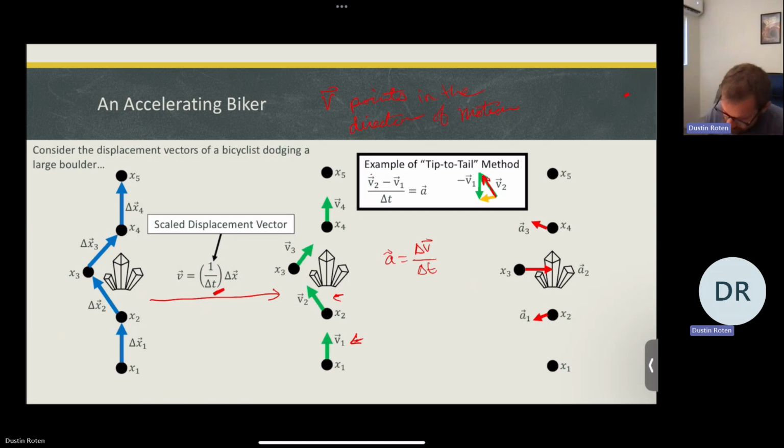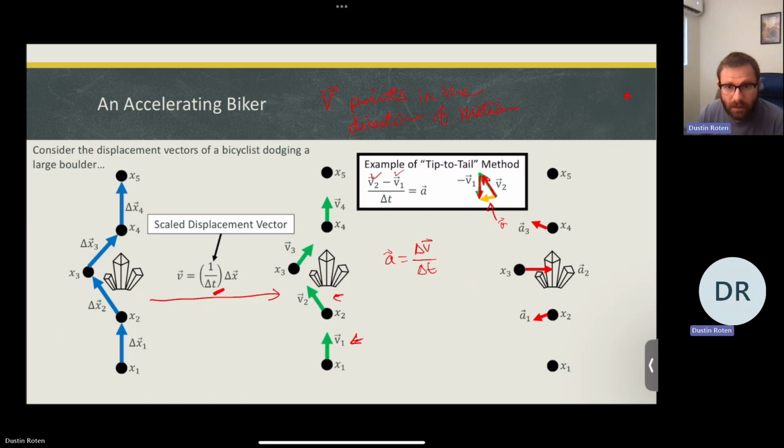Okay, I've got that, check. And then I need to subtract V1. Now remember, I flip it by 180 degrees. So instead of pointing up, it's pointing down. So I've included V1, or negative V1, I should say. Now I just have to draw in that resultant vector. So when I connect that initial starting point to where I end up with these vectors, that is going to be my acceleration.